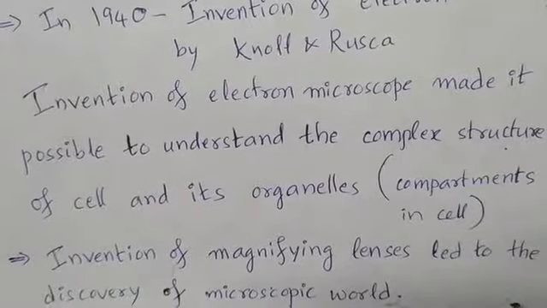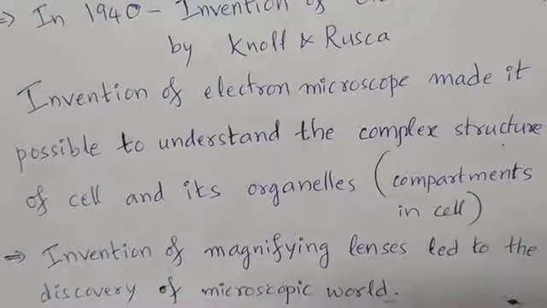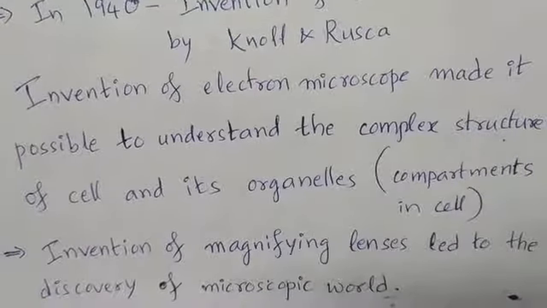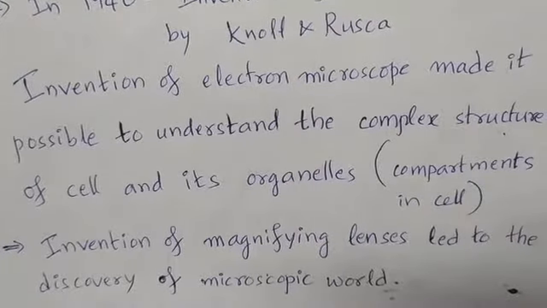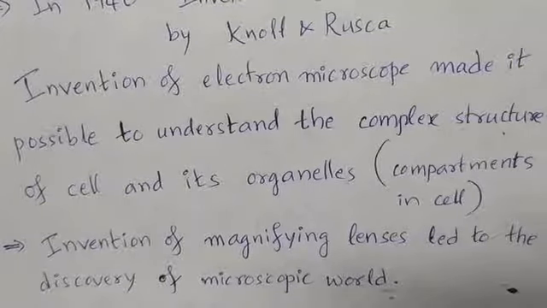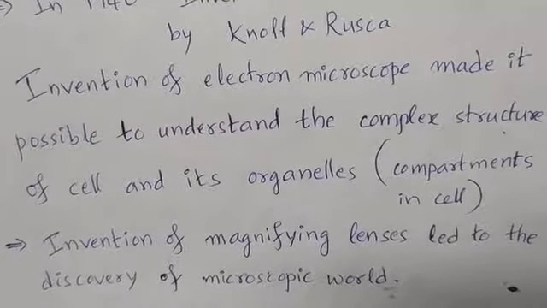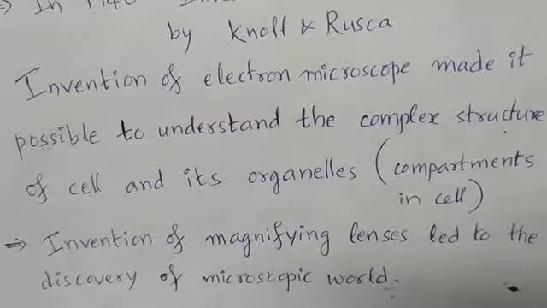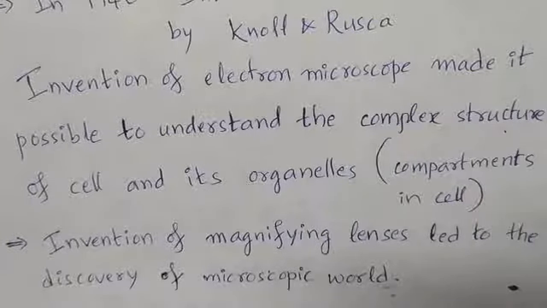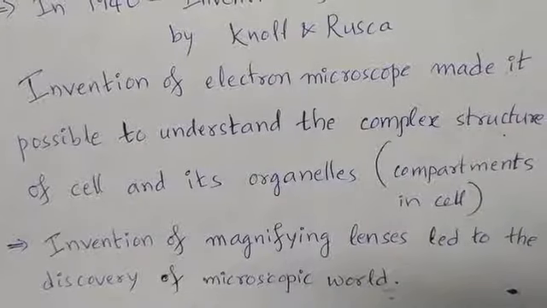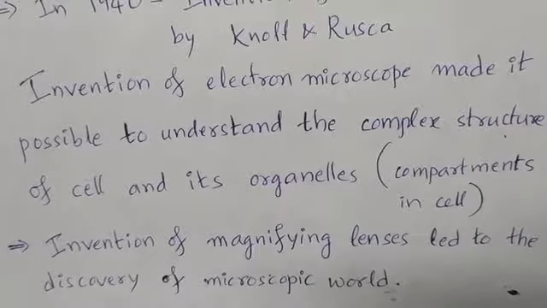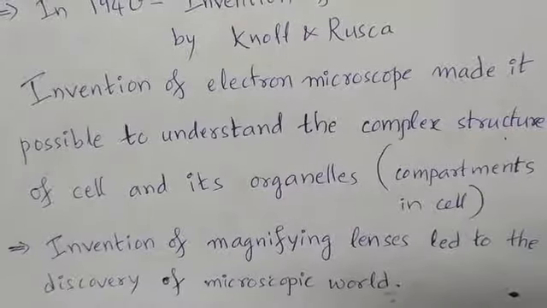If magnifying lenses had not been invented, then what would not be possible? It would not be possible to see the microscopic world. So, the invention of magnifying lenses led to the discovery of the microscopic world.